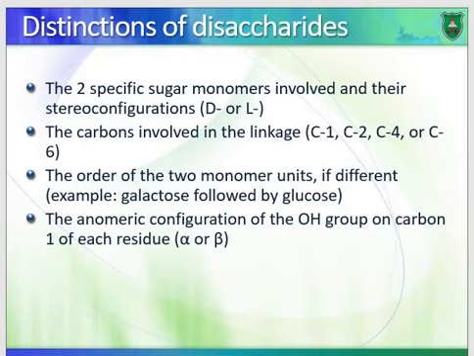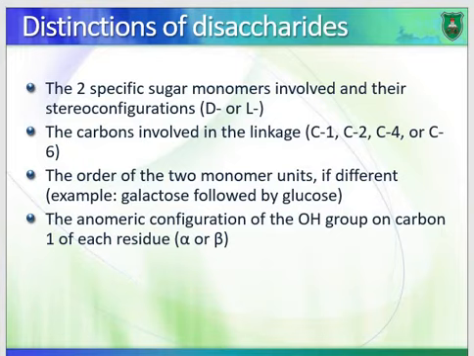There are several factors that can affect the structure and type of disaccharides that can be formed. First of all, we have two sugars. They can be of the same type or different types. They can be in a D configuration both, or an L configuration both, or a combination of D and L. We can have different carbons making the linkage between these sugars.